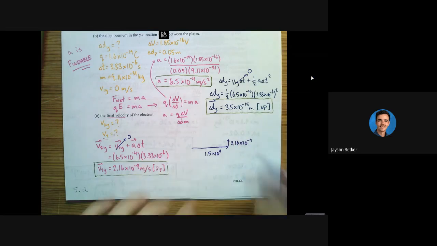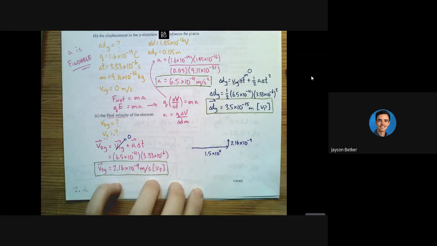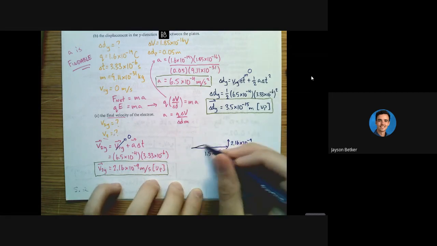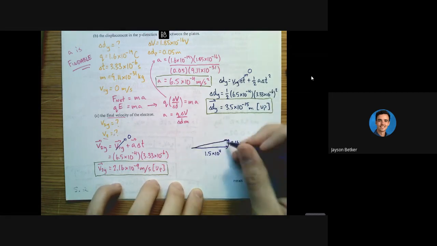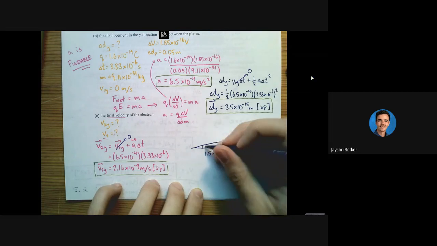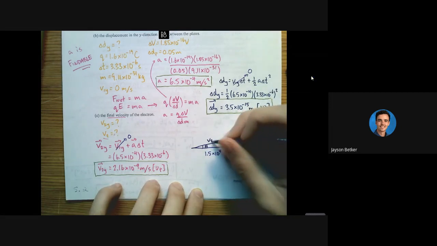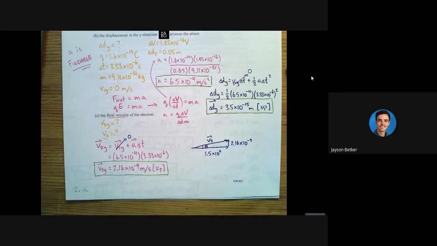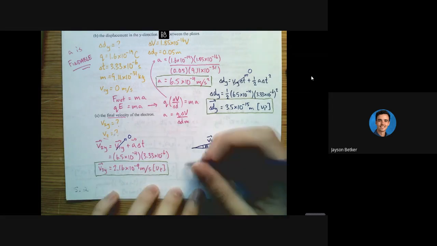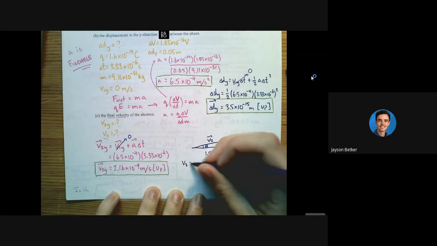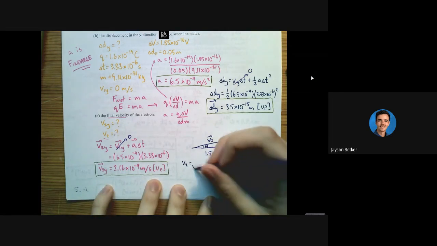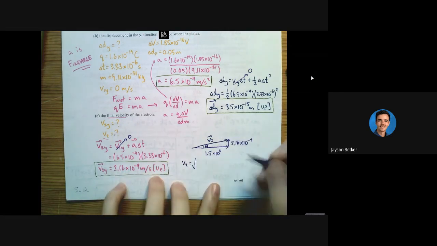So now we have something familiar, a right triangle. We have theta, we have V2. You know how to solve these, right? So V2, we're using the Pythagorean theorem. So we're doing the square root of a squared plus b squared.